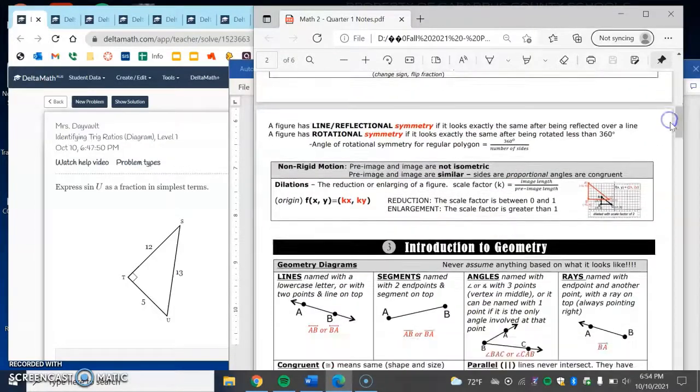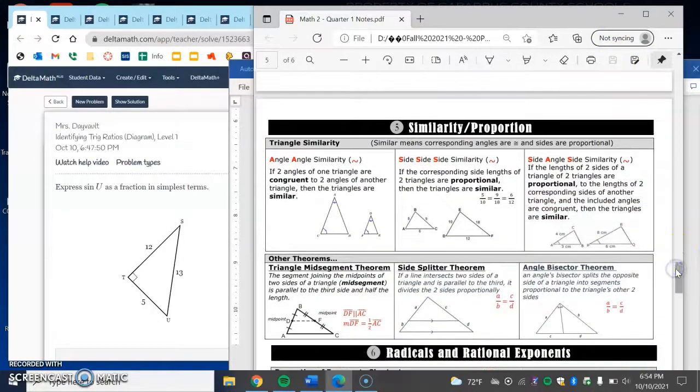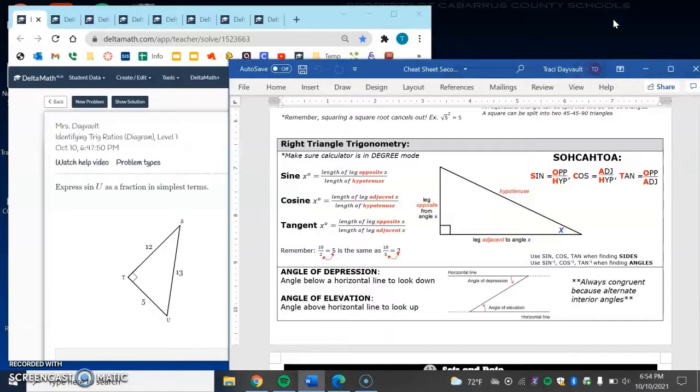Dilations produce shapes that are similar, meaning the angles are congruent, but the sides are proportional. What we're going to look at now comes from similarity and everything we studied about similarity, and we're going to use this for the ratios for right triangles.